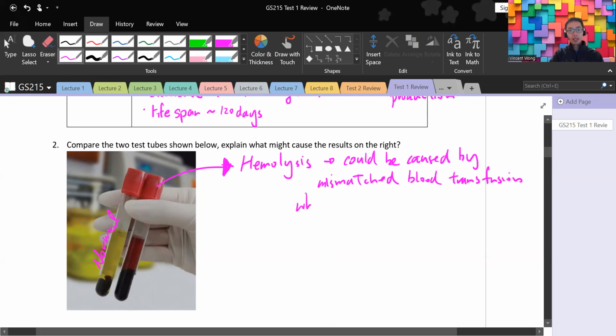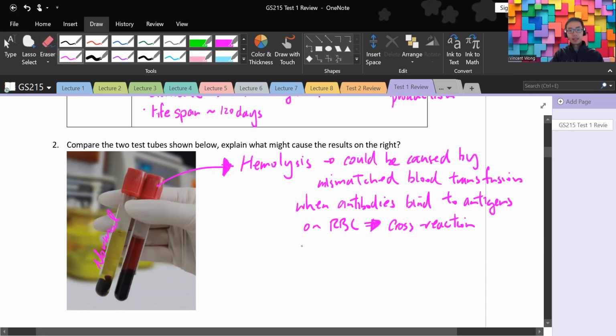Okay. When antibodies bind to antigens on RBC, right? That would lead to a cross reaction, right?